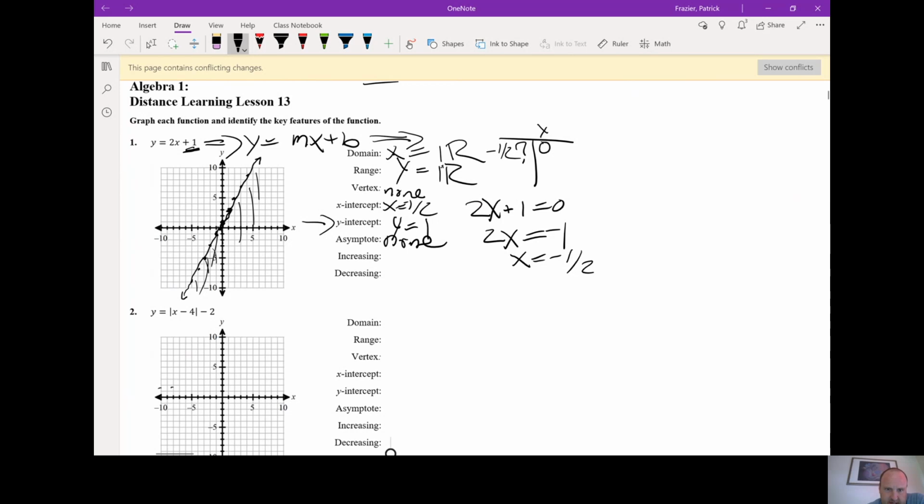And then, like we alluded to earlier when we were talking about the domain and range, as we move along to the right, each y value keeps going up. So it's increasing between negative infinity and positive infinity. We use parentheses because it never reaches negative infinity as we move to the left on the x-axis, and it never reaches positive infinity as we move to the right on the x-axis.